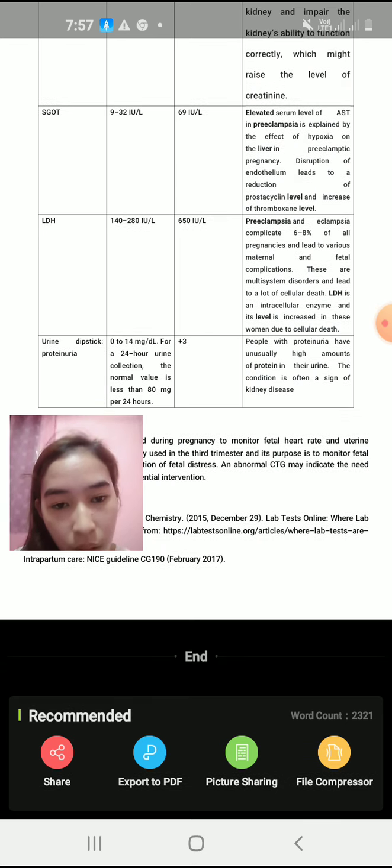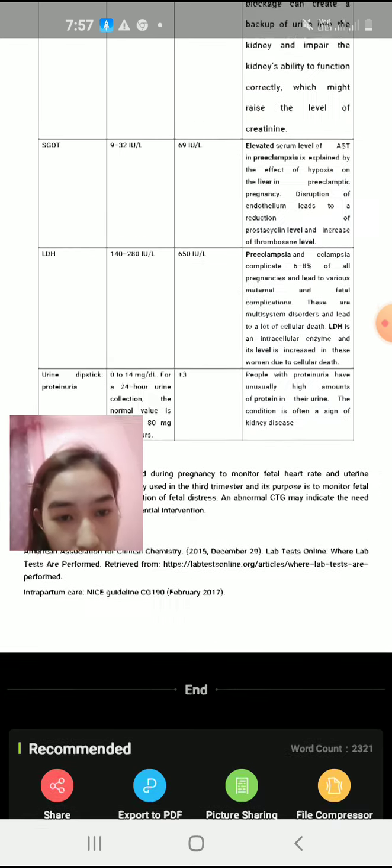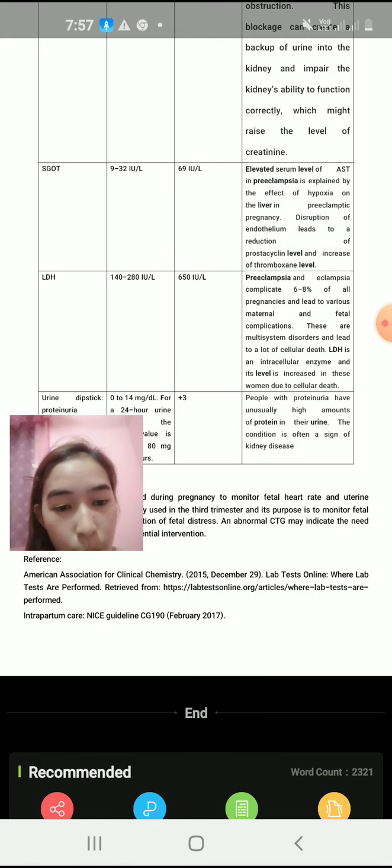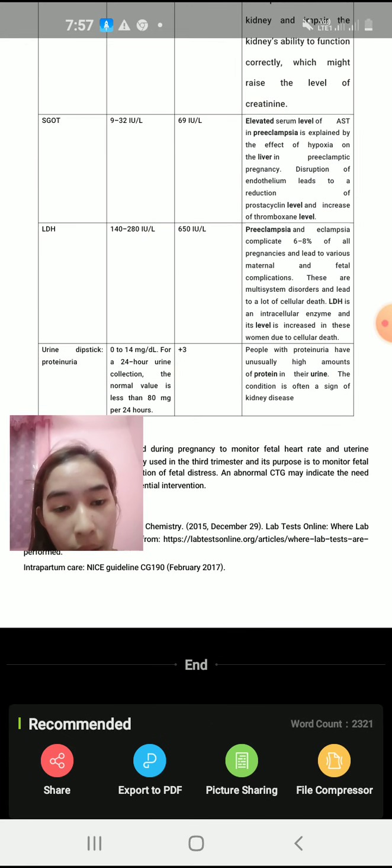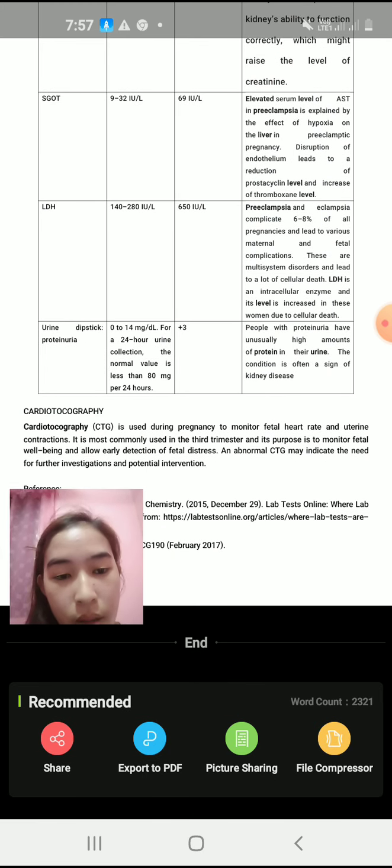Then the result for the patient is positive 3. So the interpretation is people with proteinuria have unusually high amounts of protein in their urine. The condition is often a sign of kidney disease.